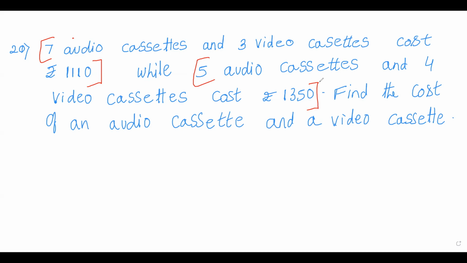Solve both the equations to find the cost of each audio cassette and each video cassette. So to start, I will be taking the cost of audio cassette as x and the cost of video cassette as y.